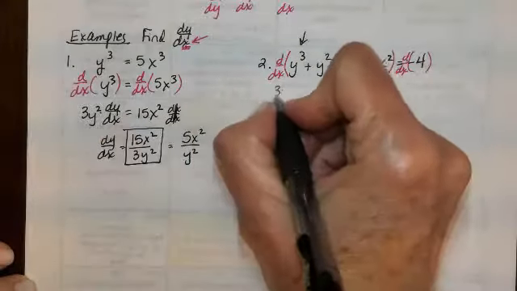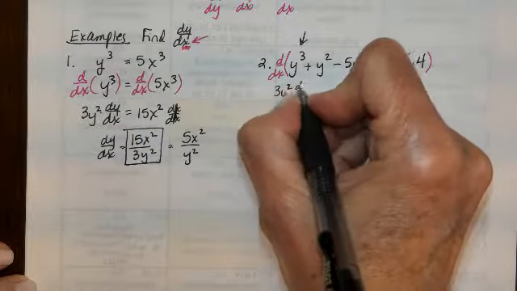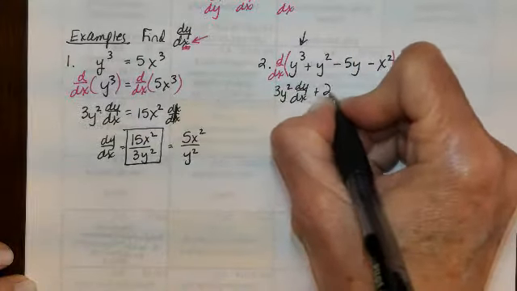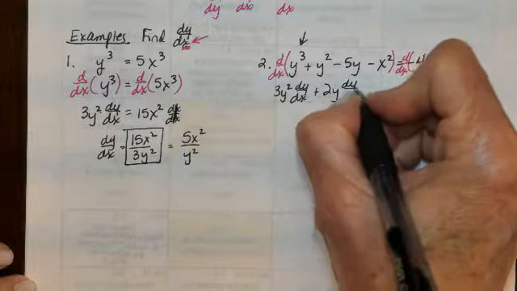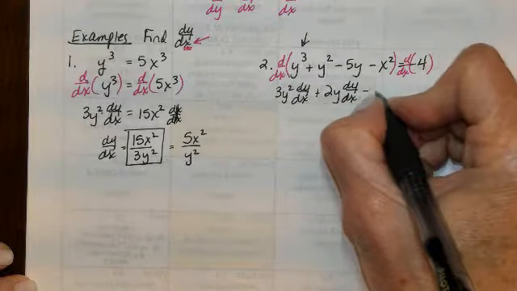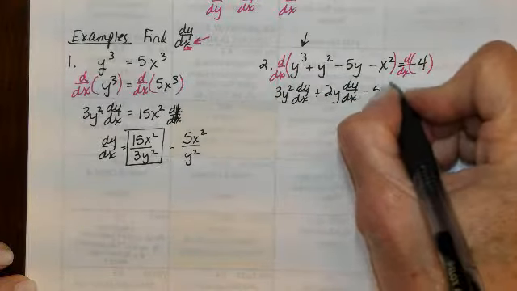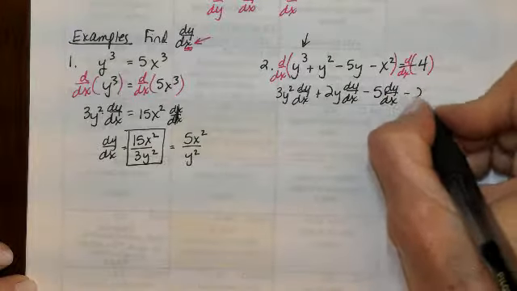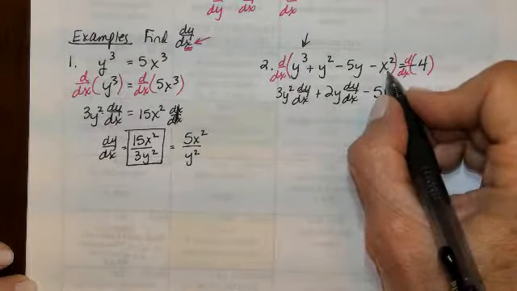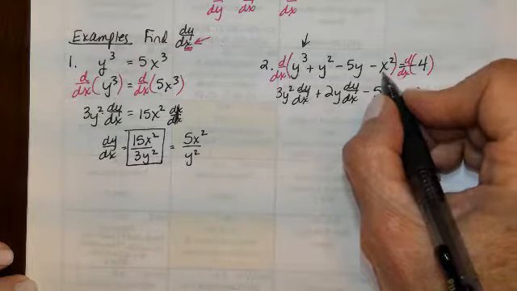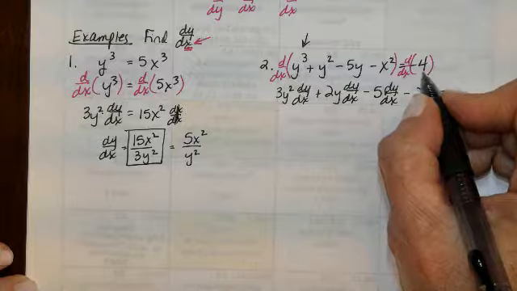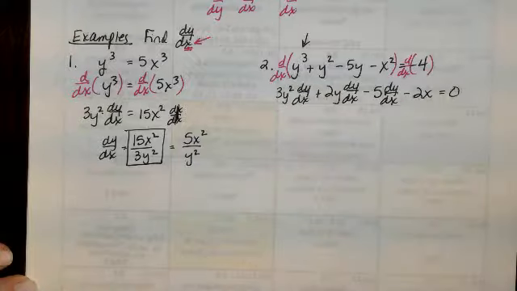So 3y squared dy dx plus 2y dy dx minus 5 dy dx minus 2x, no dy dx with that because there's no y involved there. And then this is equal to the derivative with respect to x of negative 4, so that's 0.